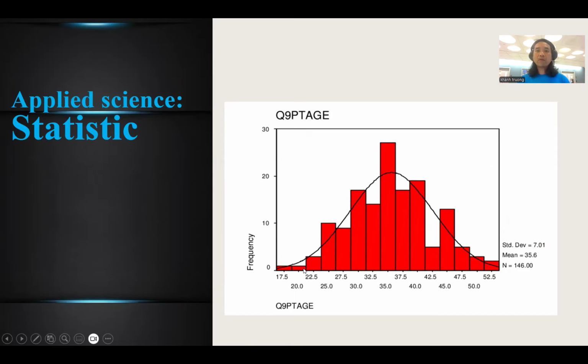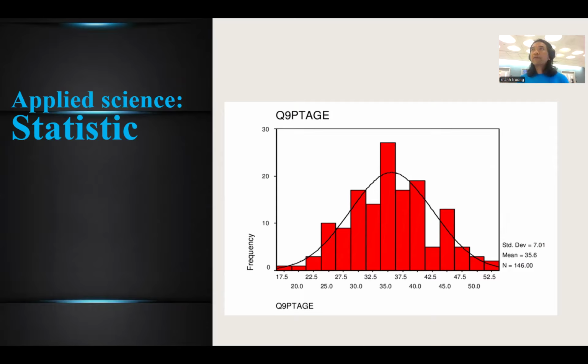It's kind of like a bell shape. This is what they call a bell shape. It's like a little mountain or something. That means it's perfectly, totally symmetrical. That means if you were to fold this graph in half, the left side would exactly match the right side. Okay, that's a normal distribution.